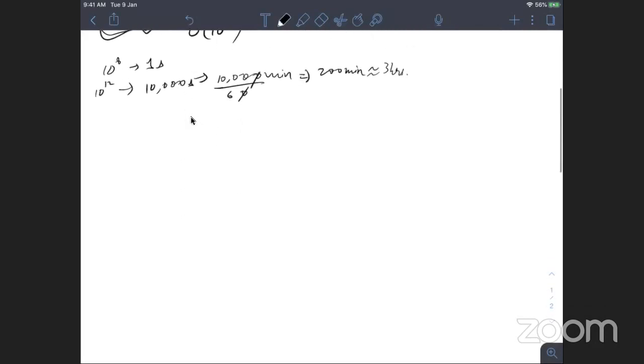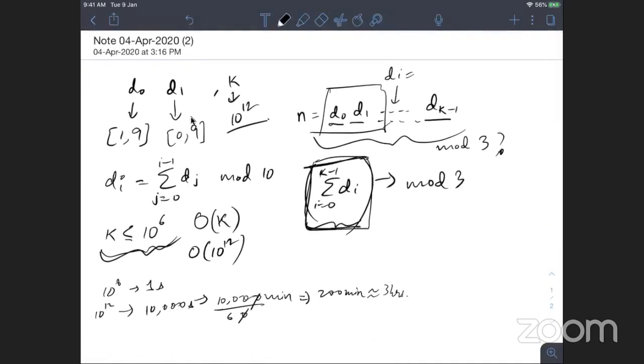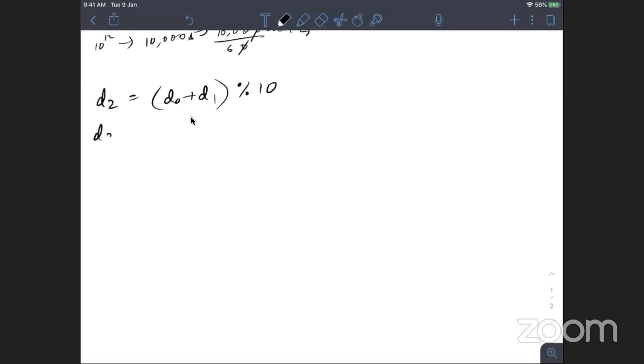The next idea is: we want to recover the sum of all the digits, but we don't want to create all the digits. We still want to get this value somehow fast. So you create D2, which is D0 plus D1 mod 10. Then you try to figure out what D3 is.